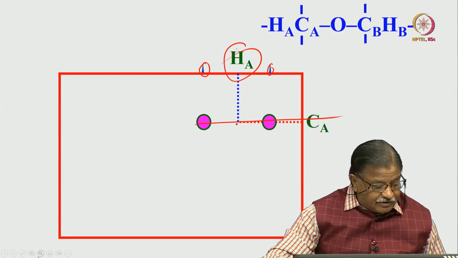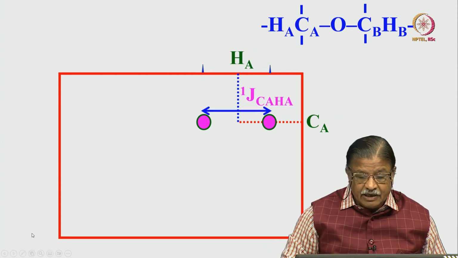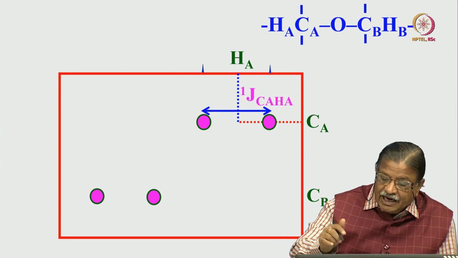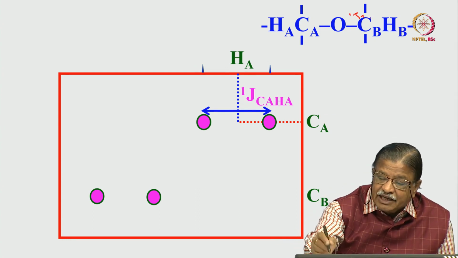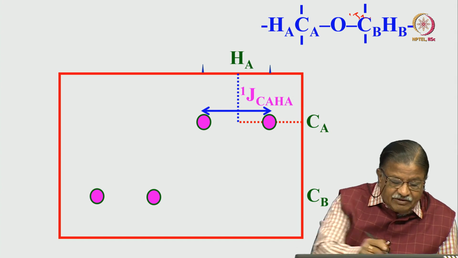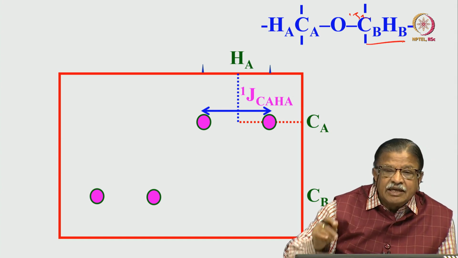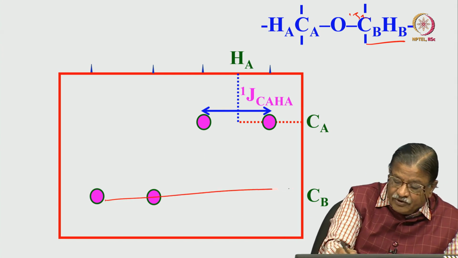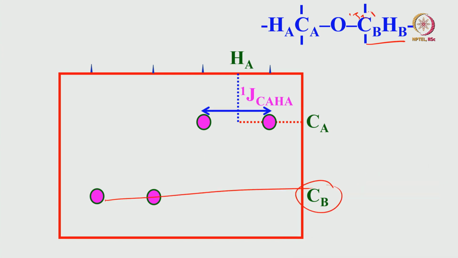What about the other isotopomer? We will have to see the other isotopomer, which is like this. That is also a doublet, because in the second isotopomer, this is carbon 13. That gives us a doublet because of coupling with proton B. If you go along the horizontal axis, you will get the carbon B chemical shift, because F1 is the carbon 13 dimension.